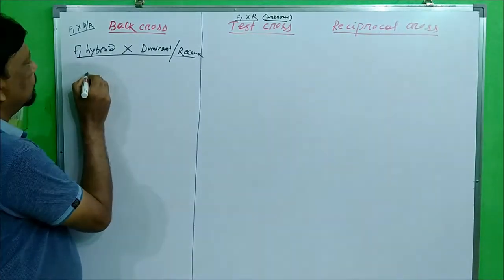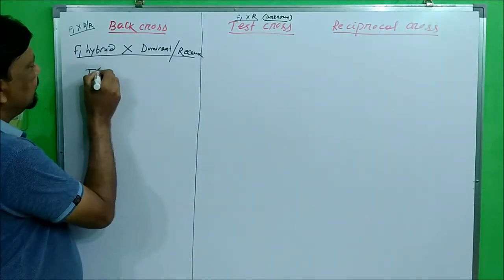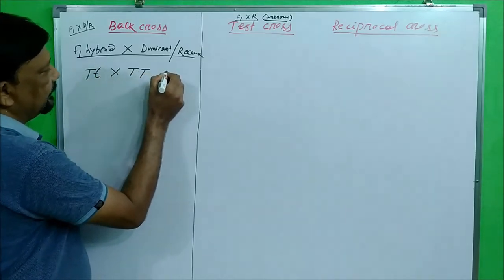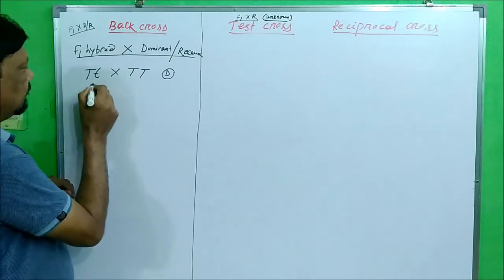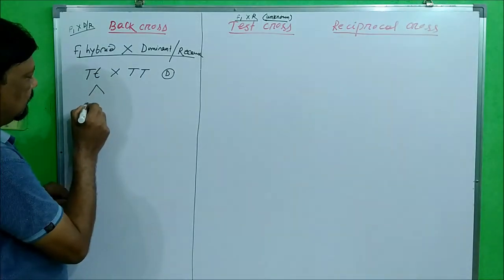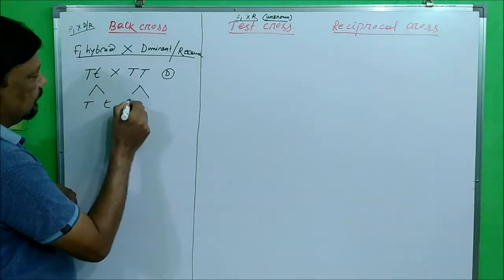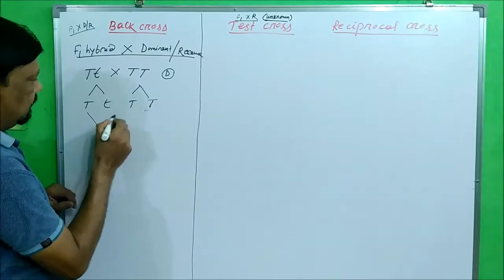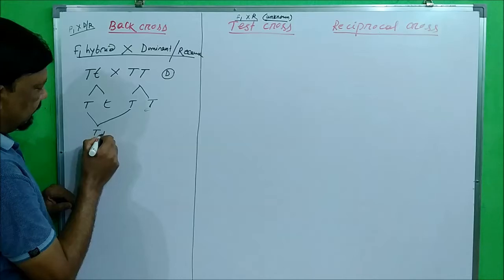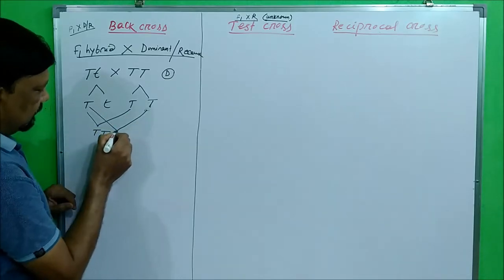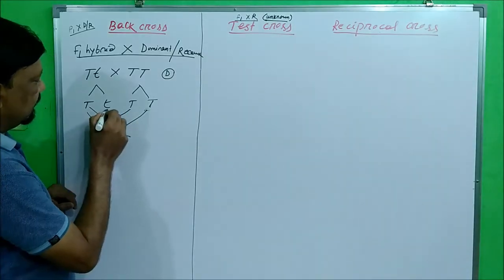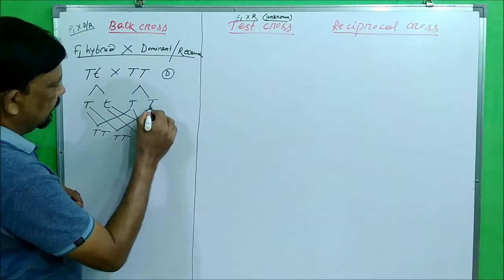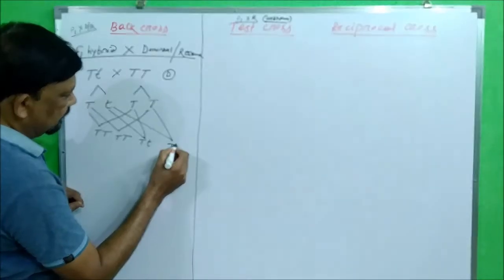So let F1 hybrid, that is Tt, be crossed with a dominant parent, TT. The result will be TT, TT, TT, TT, Tt, and Tt.